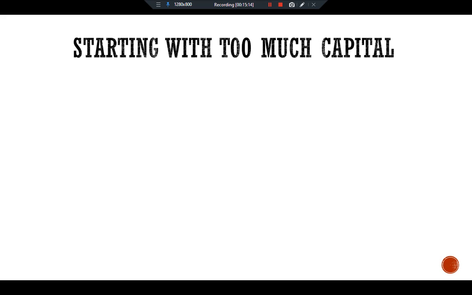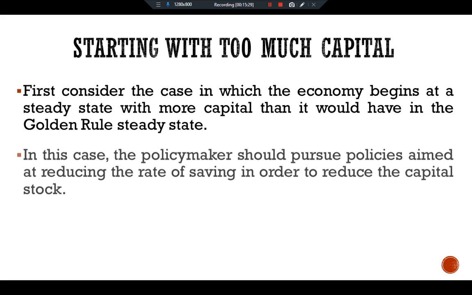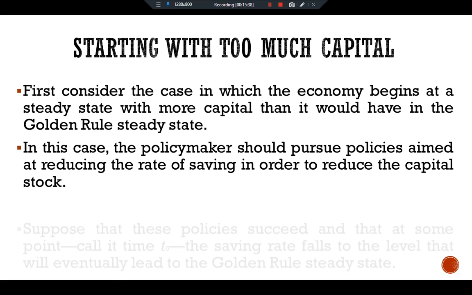Starting with too much capital. First consider the case in which the economy begins at a steady state with more capital than it would have in the golden rule steady state. In this case, the policymaker should pursue policies aimed at reducing the rate of saving in order to reduce the capital stock.